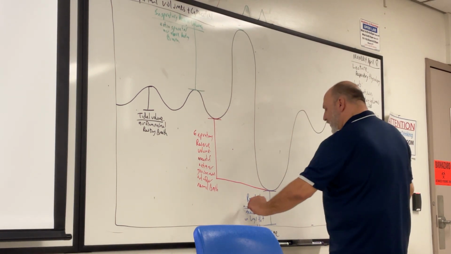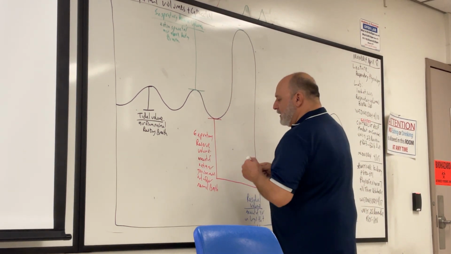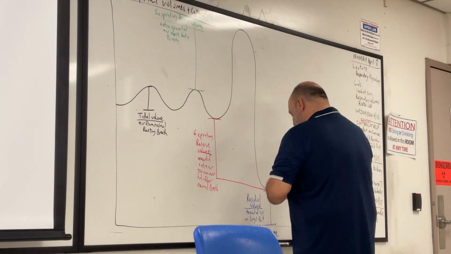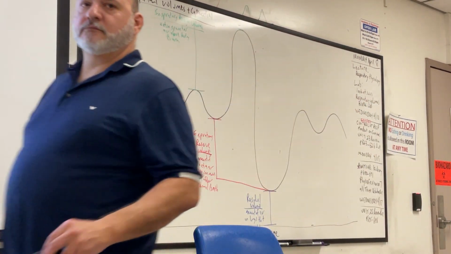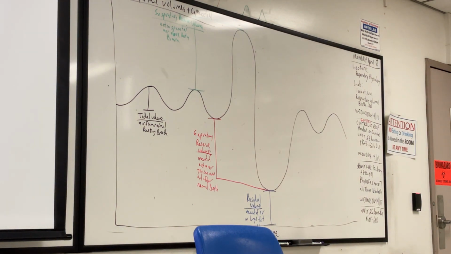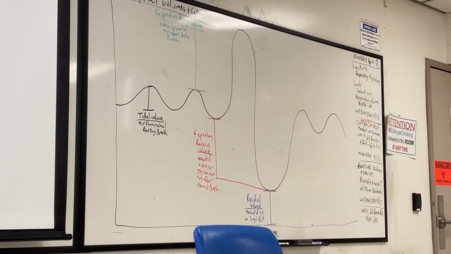So the residual volume is the amount of air in the lungs that cannot be removed, that stays in the lungs unless you have a steamroller. All right? Questions on that?